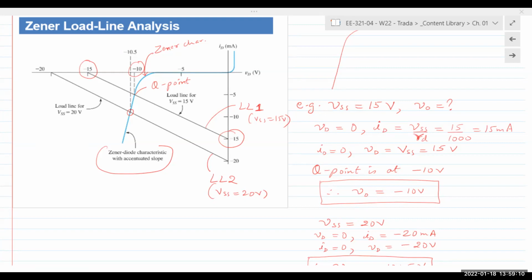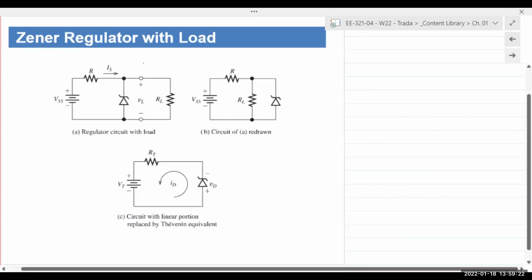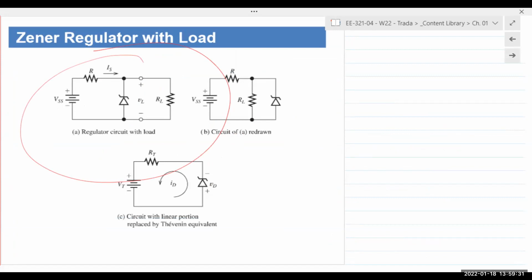The operating range for a Zener diode in a converter depends on the spec, and that's going to be the next analysis, the Zener diode with a load. Again, Zener analysis is a lot more in-depth. In this class, we only skim the surface.